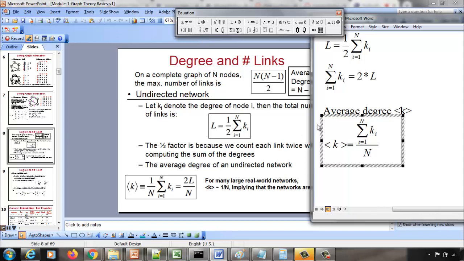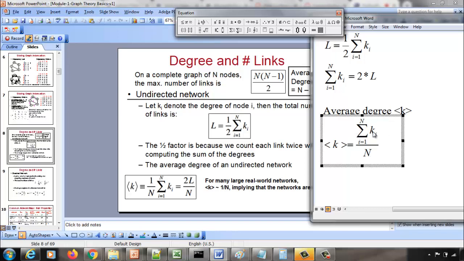Now what you can do is combine these two expressions. The sum of the node degrees is a common term in both. Based on our first analysis, the sum of the node degrees is twice the number of links. Based on the second, by definition of average degree, it is the sum of node degrees divided by the number of vertices.